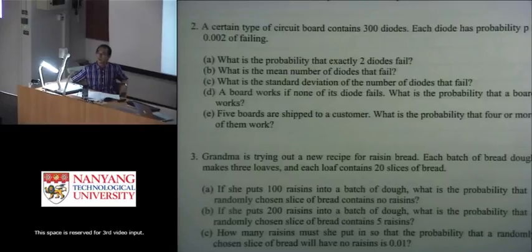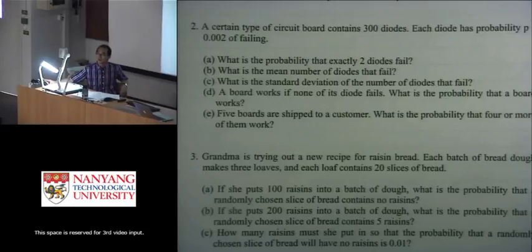So when we choose the first diode, what is the probability that this diode fails? 0.002, right? For the second diode, what's the probability that it fails?